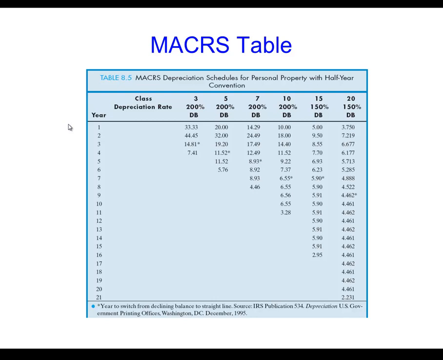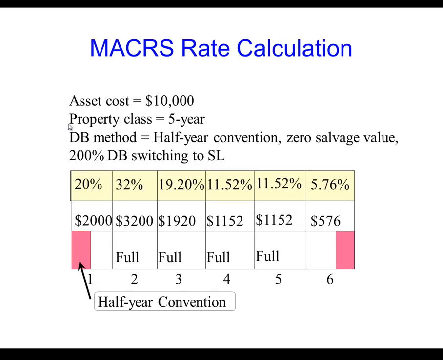The table in this slide shows these rates. We can determine the yearly recovery or depreciation expenses by multiplying the asset's depreciation base by the applicable recovery allowance percentage. Let's look at an example to understand how to calculate using MACRS.